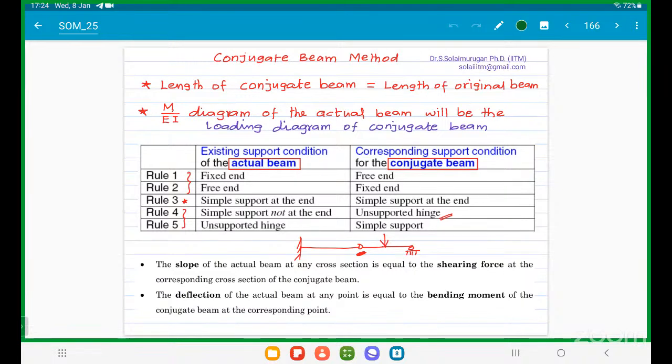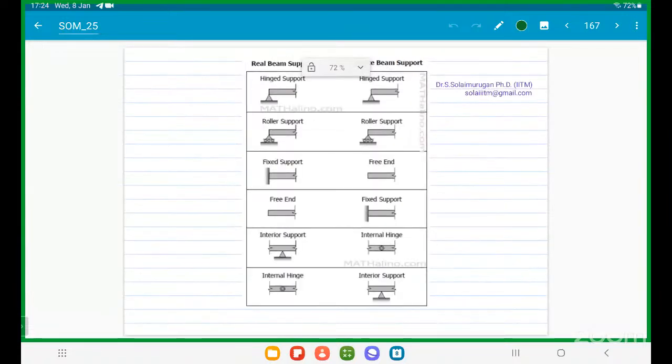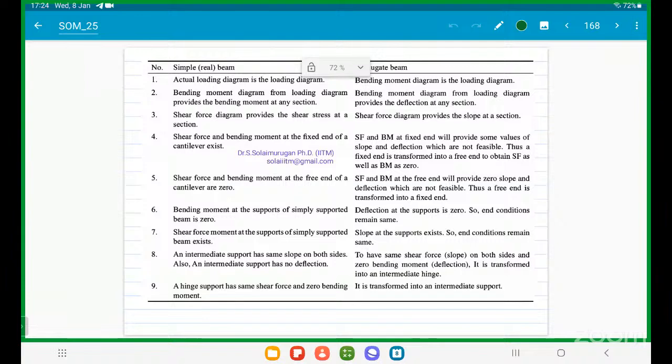So these are the comparisons between the actual beam and the conjugate beam. Okay, so this is enough. I will keep it in the video.